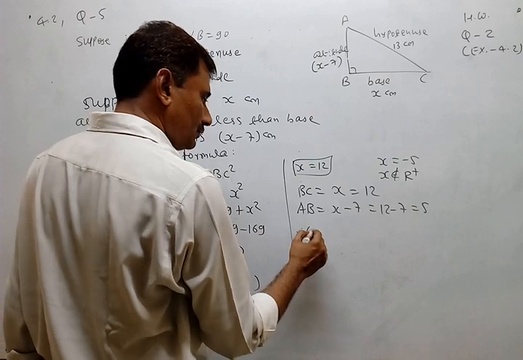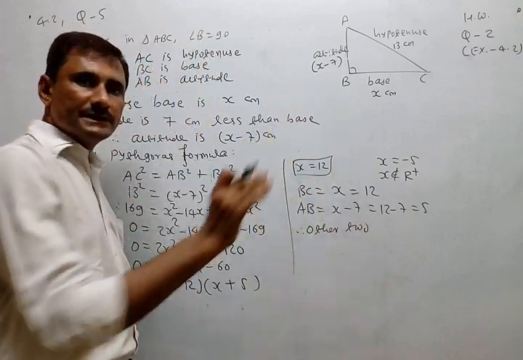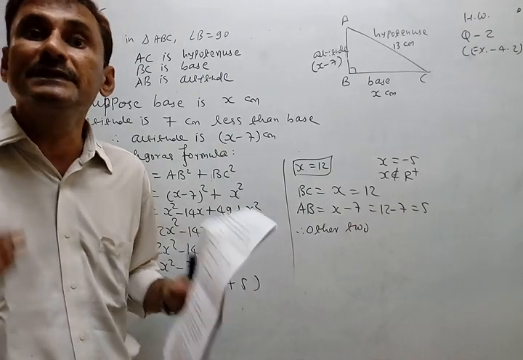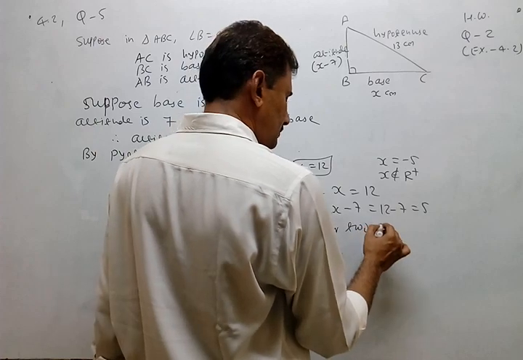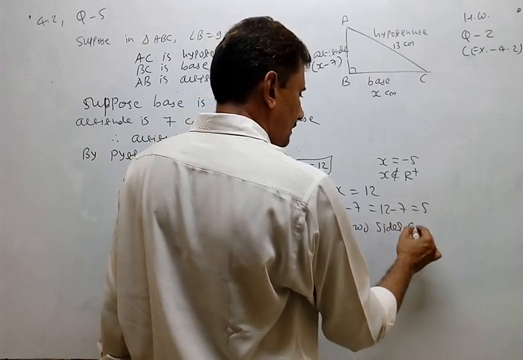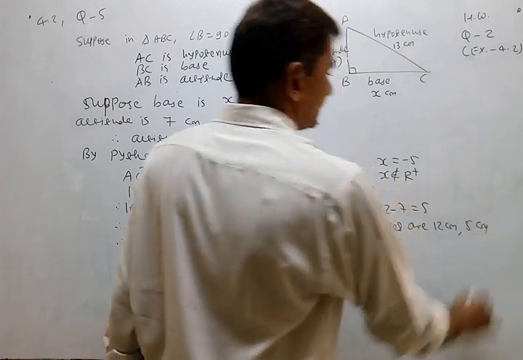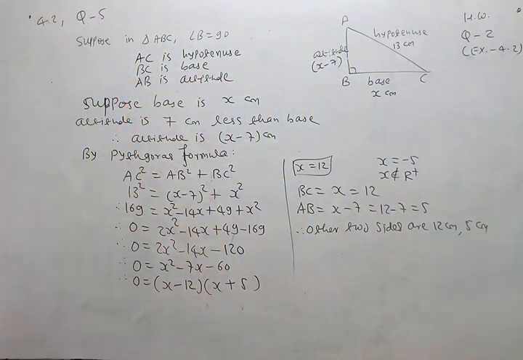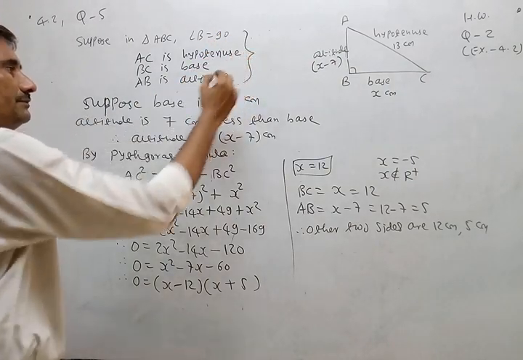So write down: therefore the other two sides, which are not specified as AB, BC because we supposed them and they have not given them, so we just answer that the other two sides are 12 centimeter and 5 centimeter. Just try to understand the way. If a figure is compulsory, description is also compulsory.